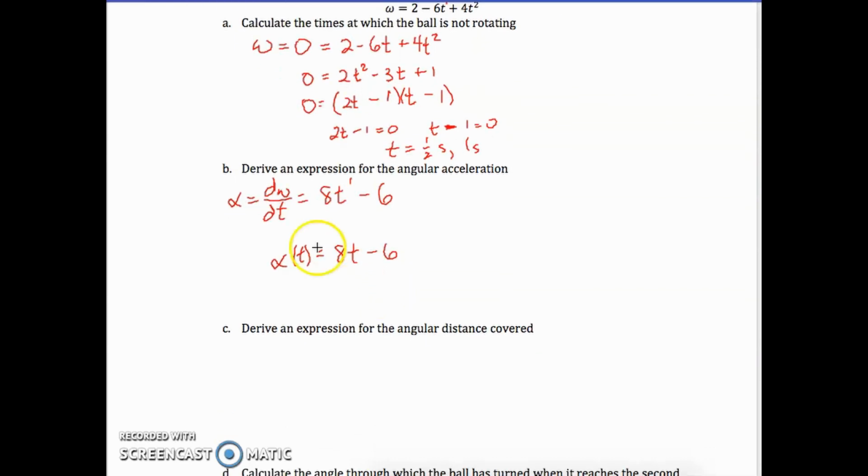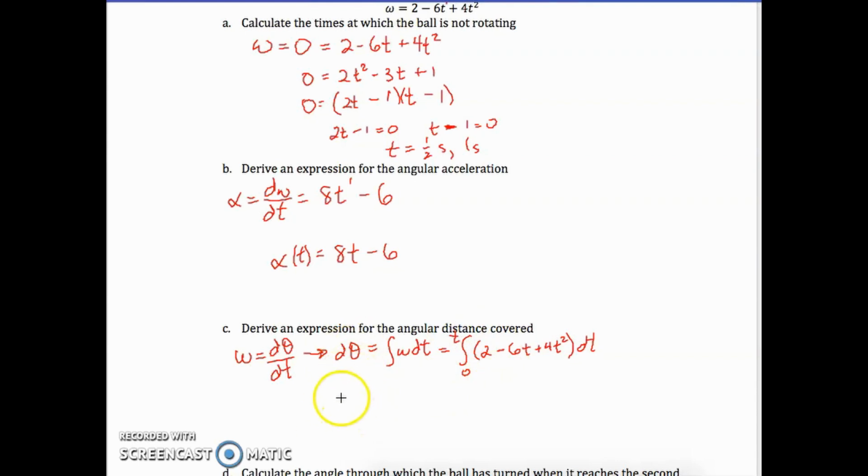Now, the angular distance, again, we will be using the relationship between angular speed and angular distance, except we will multiply both sides by a dt and find the antiderivative of the angular speed. So we will substitute in for omega the expression that is given at the top, 2 minus 6t plus 4t squared dt, and we will evaluate between 0 and t.